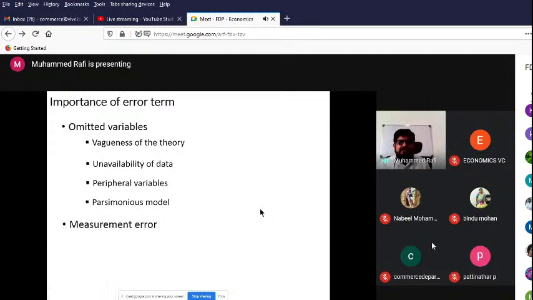And another reason is measurement error. You may not be including the actual variable which you are supposed to include. I'll give you an example: the permanent income hypothesis, which explains the relationship between permanent consumption and permanent income. But you don't have data for permanent income and permanent consumption.